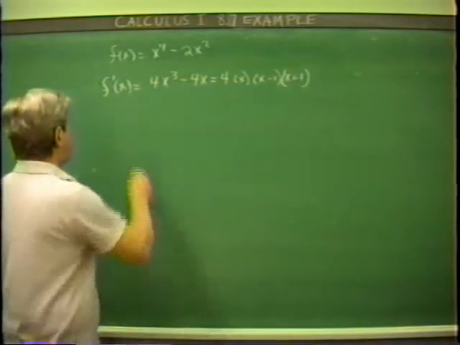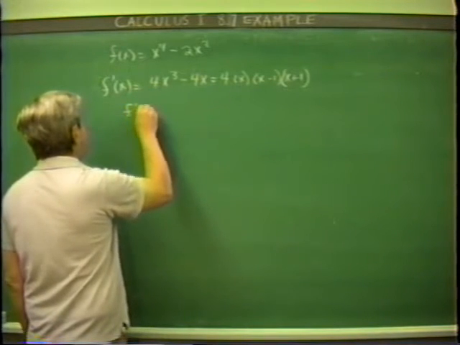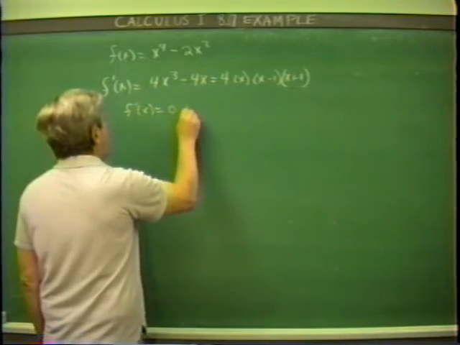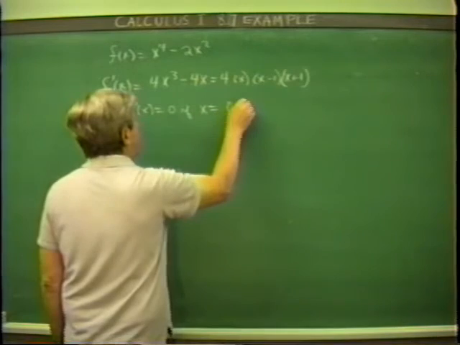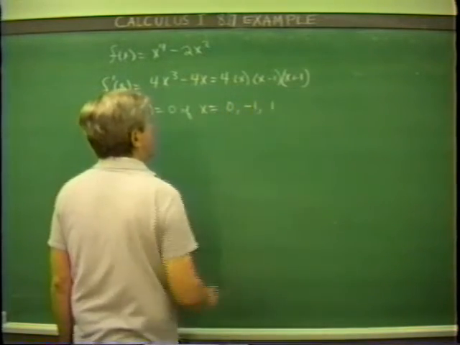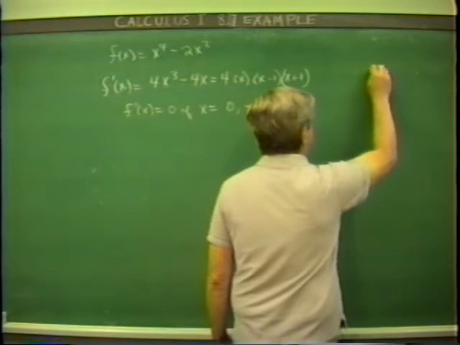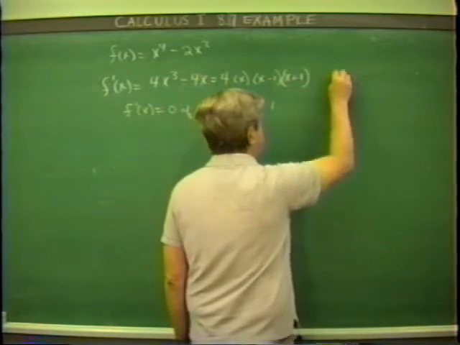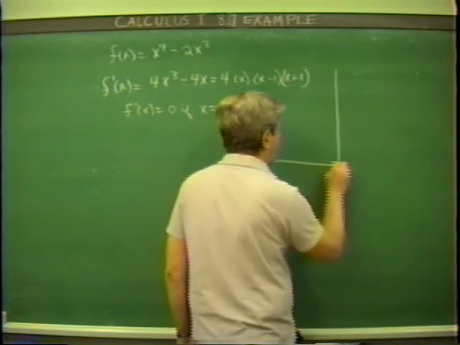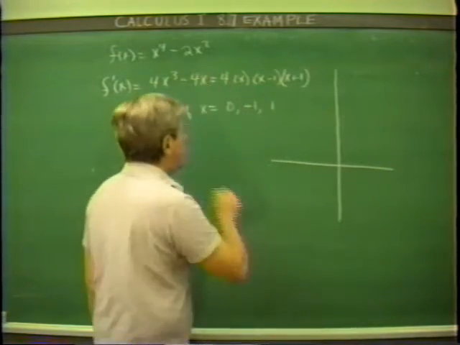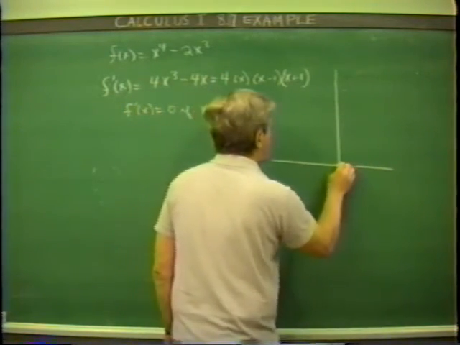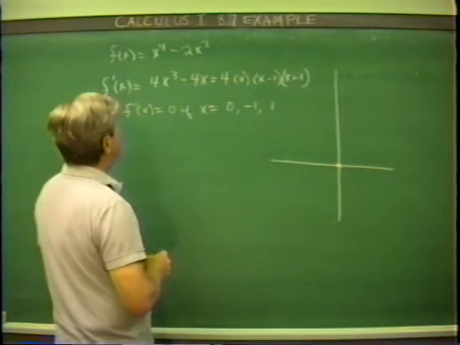The example was made up so that there would be relatively easy places to check where the derivative is equal to 0. Particularly the derivative of x is equal to 0 if x is equal to 0, minus 1 or 1. Right? So if we're trying to graph this function, those are points that we should be looking at. The value of the function at 0 is 0.